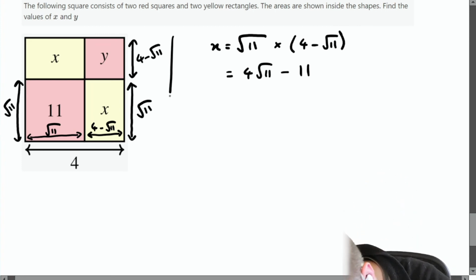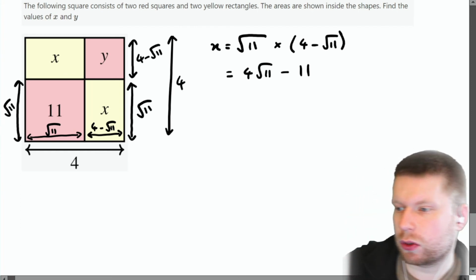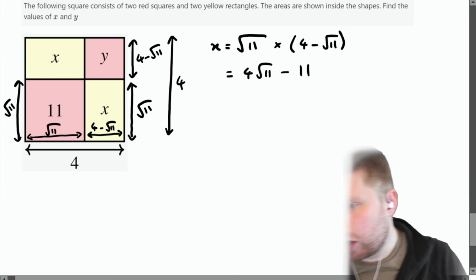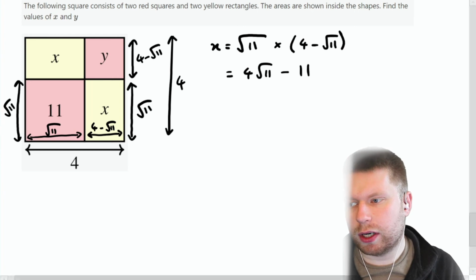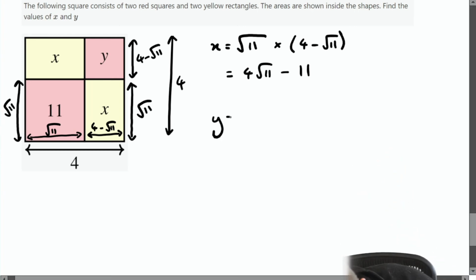You can also think about that as the whole side length of the big square is also 4 as well, because of course it is a square. But either way, I know now the side length of the square is 4 minus root 11, which means that y should just be take that side length and square it.